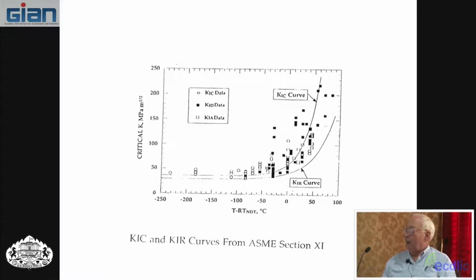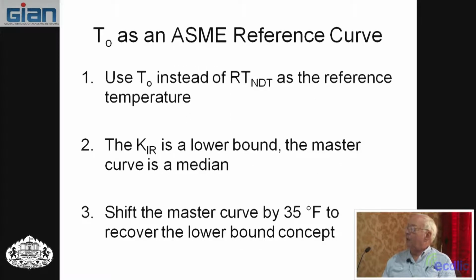Now the problem here is this is really not a fracture mechanics type test value. So fracture mechanics data here are put together with non-fracture mechanics data, and this is ASME code, and people were thinking that doesn't make good sense, and they wanted to change it. So the idea was to use the T0 as a reference rather than the RT-NDT.